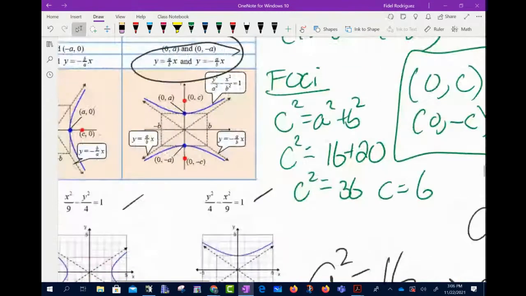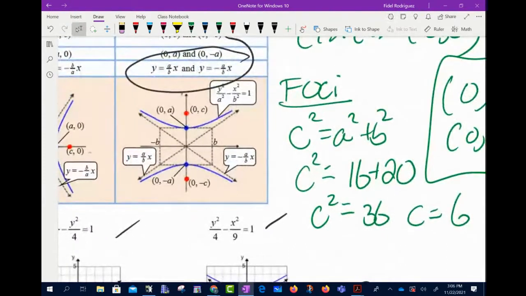Okay, I want you to do me a favor here, y'all, and I want you to look at the picture that we have right here. So in this picture right here, y'all, I know they didn't actually label it, but would y'all agree with me that that's the point b, 0, and this here would be the point negative b, 0? Does that seem to make sense? Right here, this point here and this point here, would you agree with me that those points are b, 0 and negative b, 0?